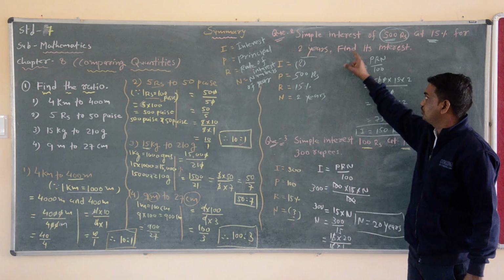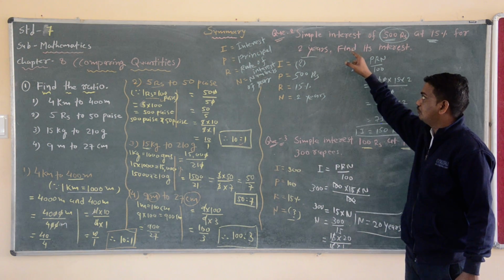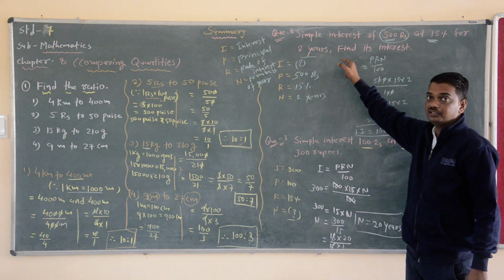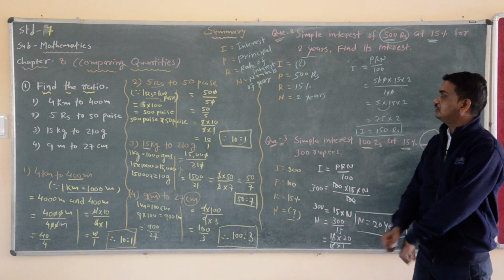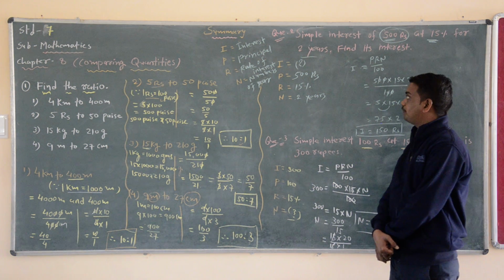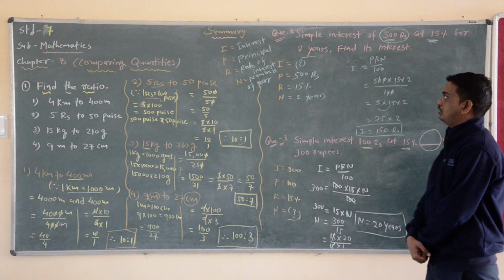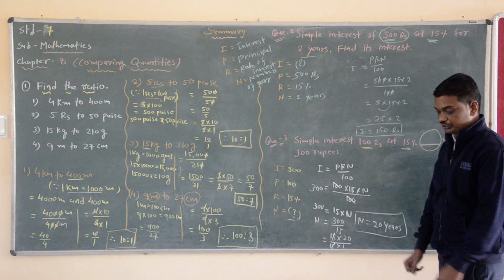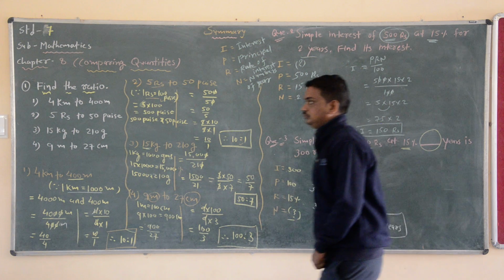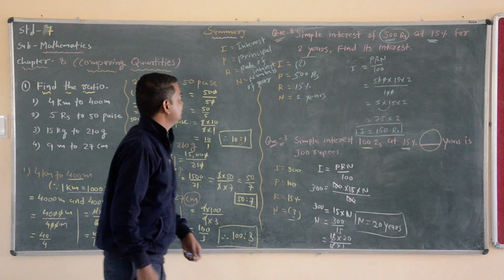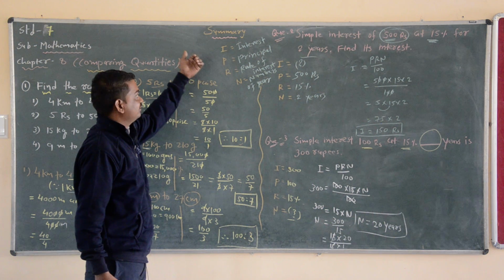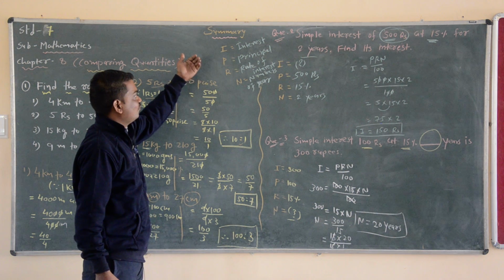Now the most important question, the most valuable sum in our syllabus or in our chapter, is to find the simple interest. Before we see simple interest, we need to understand some terminologies about simple interest and then its formula.